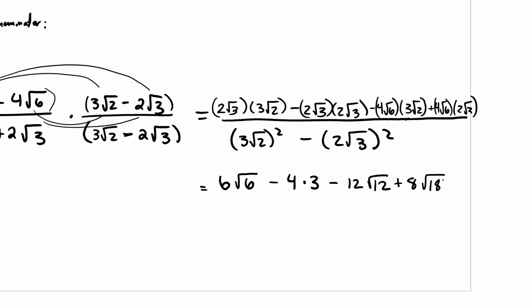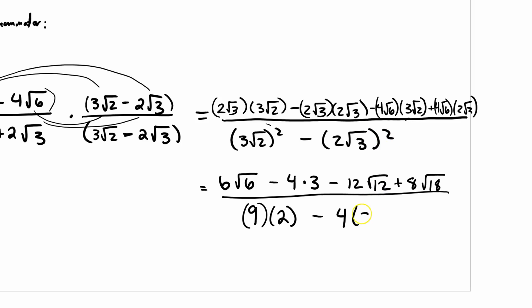So we have some simplification that we can do here. All over 3 squared is 9 times root 2 squared is 2, minus 2 squared is 4, root 3 squared is 3.